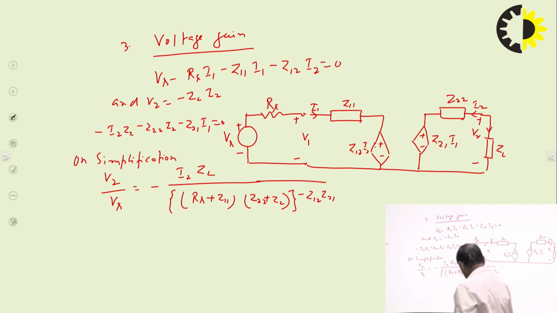So this is the voltage gain. This is the output voltage when the load is terminated by ZL, and this is the Vs when the input port is having some supply with some input resistance Rs.